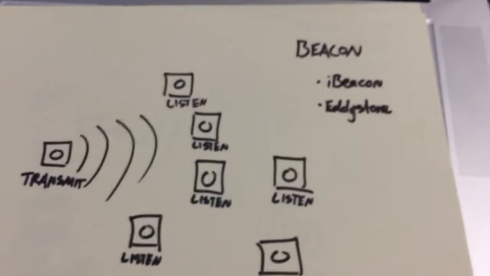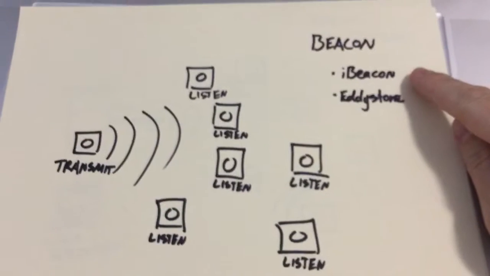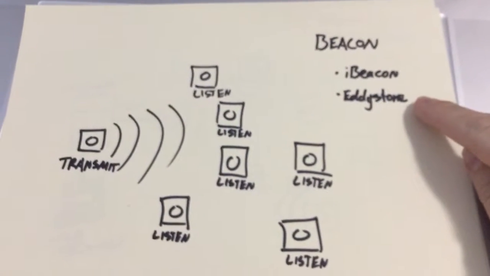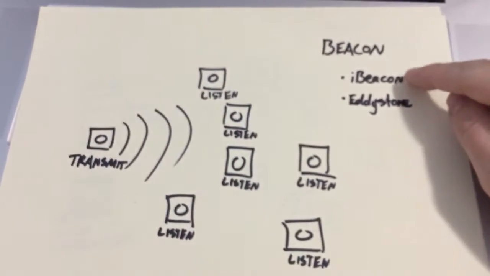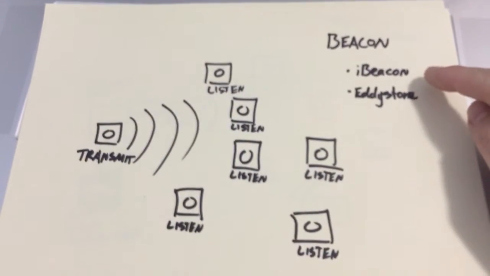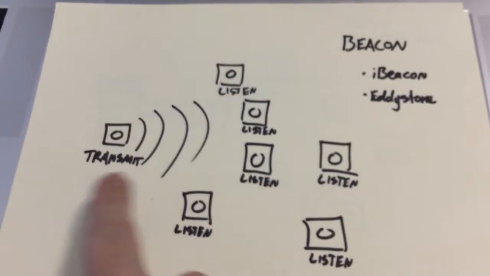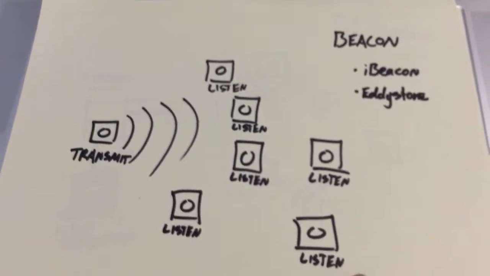There are two fairly standard beacon protocols. One is called iBeacon from Apple, and one's called Eddystone from Google. Essentially, both of them are types of Bluetooth beacon, but with specific amounts of bytes. In a beacon, one device will transmit, and other devices will listen.